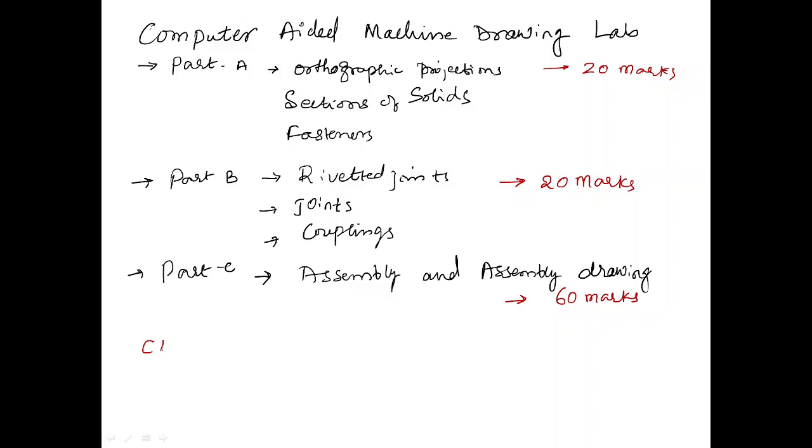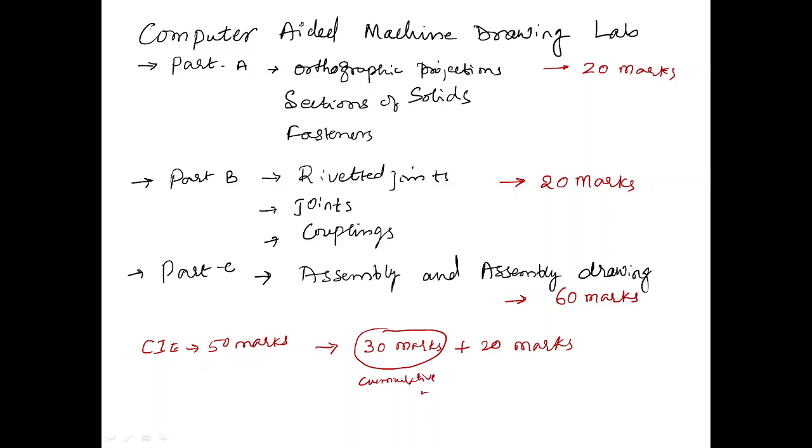So now CIE, you have a total of 50 marks here. Out of this 50 marks, you are going to get a split: 30 marks and 20 marks. 30 marks for your cumulative work, that is attending the classes and submitting the printouts.